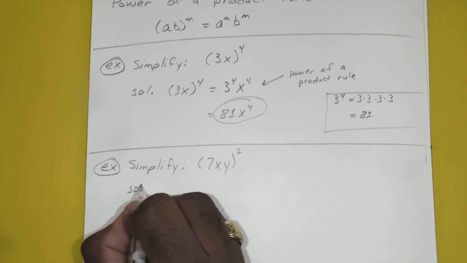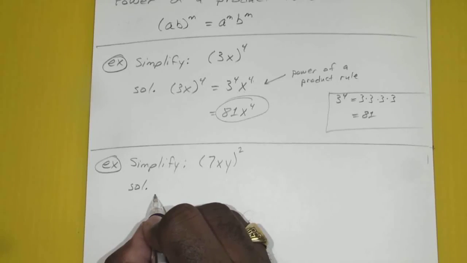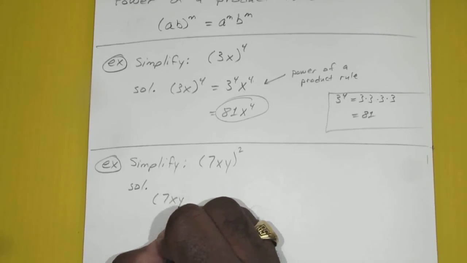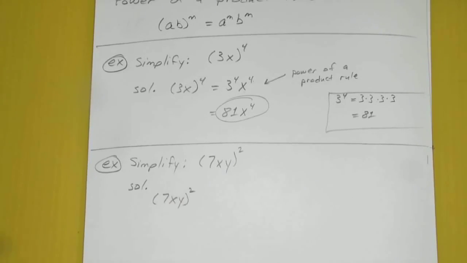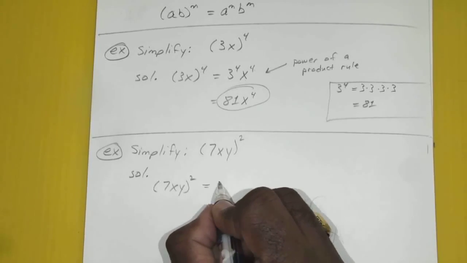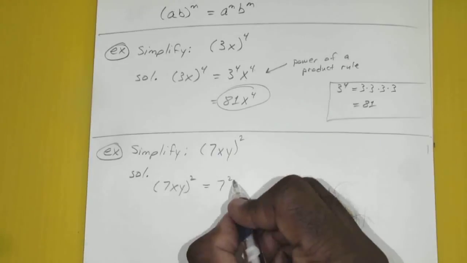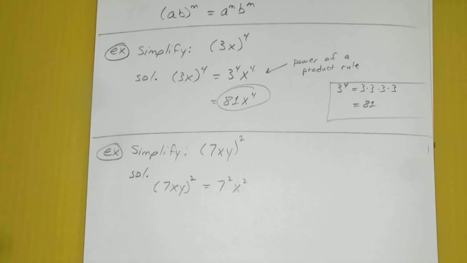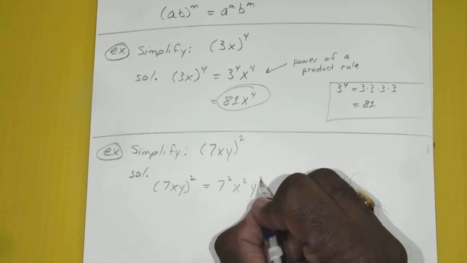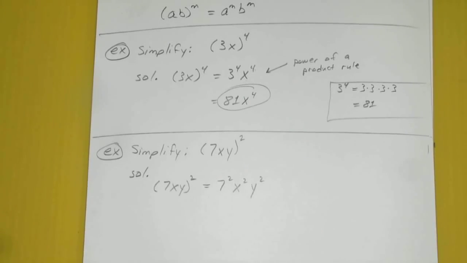The exact same steps. So 7x y to the second power, that's just going to be 7 to the second power times x to the second power times y to the second power. So if we had 7xyz, it would be 7 squared, x squared, y squared, and z squared.